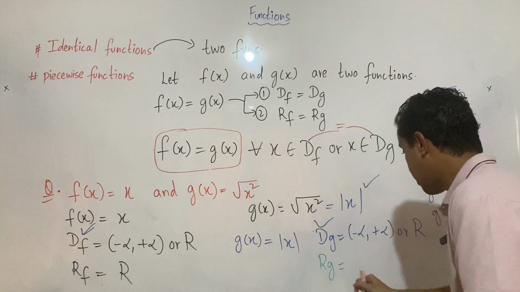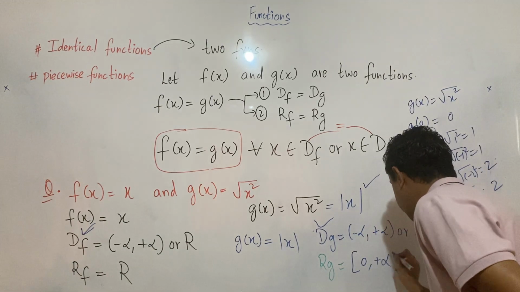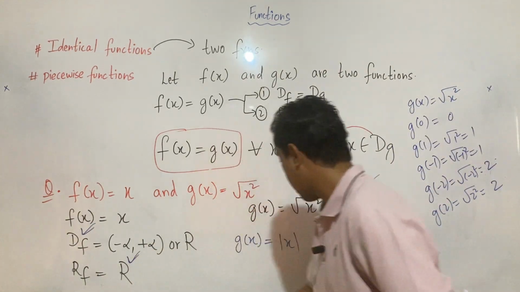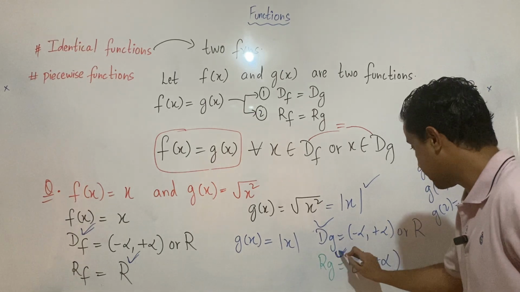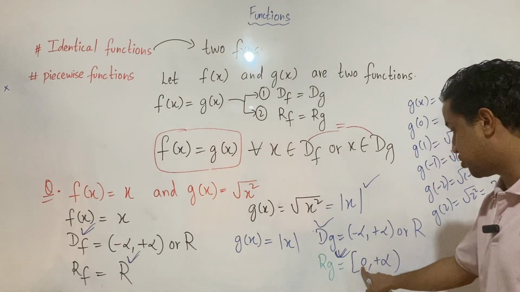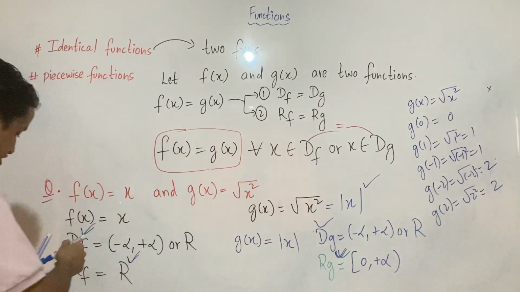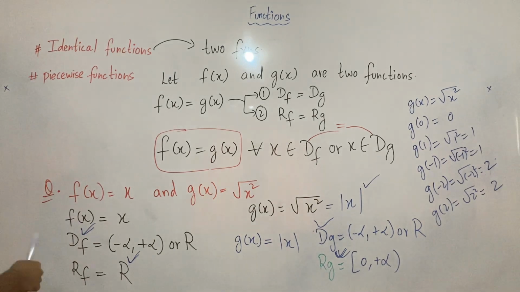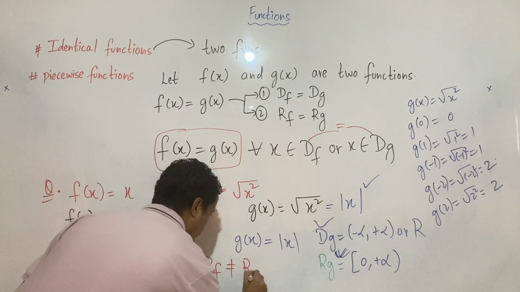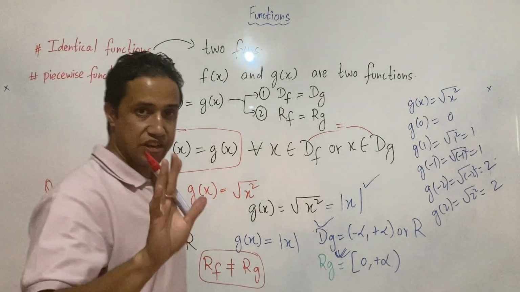So the range of g is going to be 0 to positive infinity. You can see the range of f is R, and the range of g is the closed interval 0 to open interval infinity. So which means that range of f is not equal to range of g. So that's why these are not identical functions.